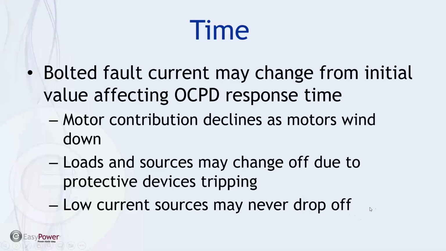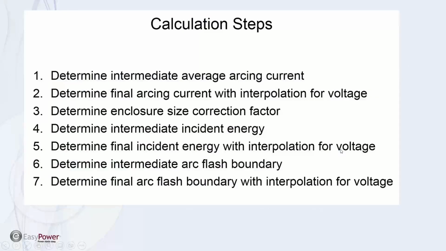And so now we have the admonition to consider motor contribution, potentially take into account loads or sources that may change, and then their potential for low current sources never to drop off during the whole life of the arc, which complicates the whole discussion. And so we'll touch on that briefly, but this is more of a low voltage situation, without regard to what's going to be shown as a result, as an example.